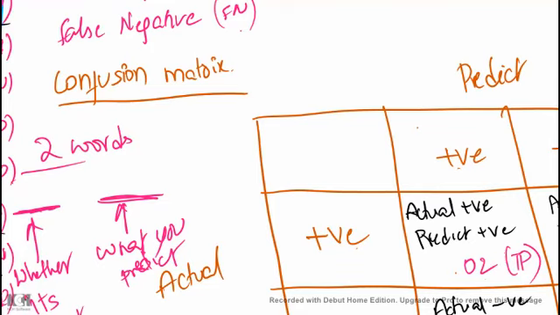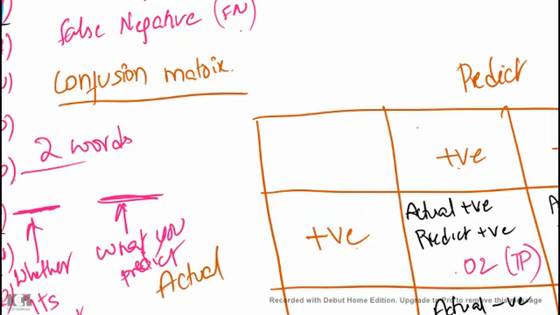What is meant by false positive: predicted positive, but which is opposite, wrong. Wrong means actual is negative. Actual negative and predicted positive is called false positive. This one is false positive.